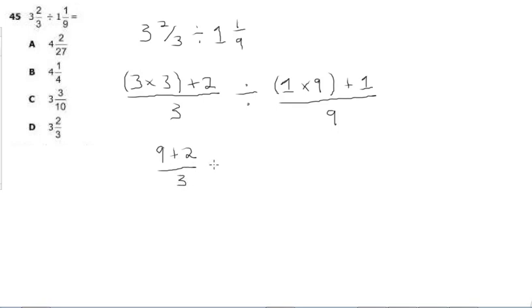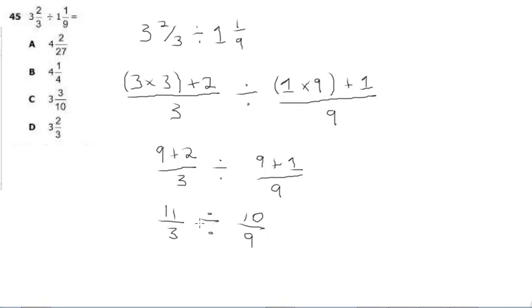We keep the division sign. 1 multiplied by 9: any number multiplied by 1 is that very number, so 1 times 9 gives us 9, then plus 1, all over 9. Are we moving together, grade 7s? 9 plus 2 gives us 11 over 3, then divided by 9 plus 1, which gives us 10 over 9.